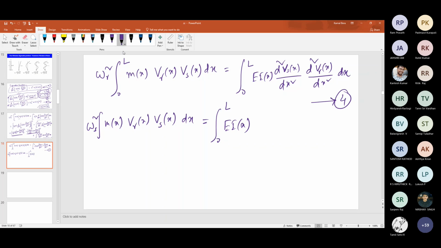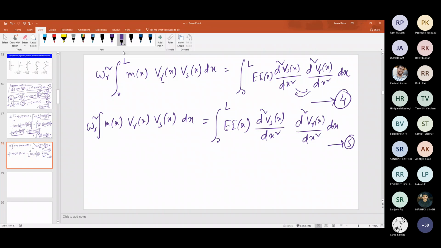You'll get the same thing actually, you can check it. Basically, instead of r, I am just substituting s, because this is for the s mode.